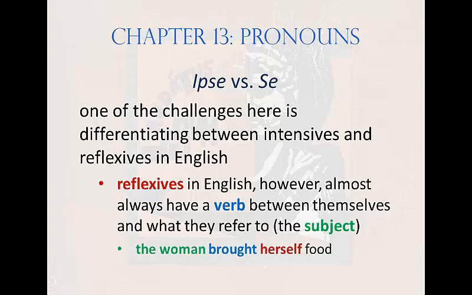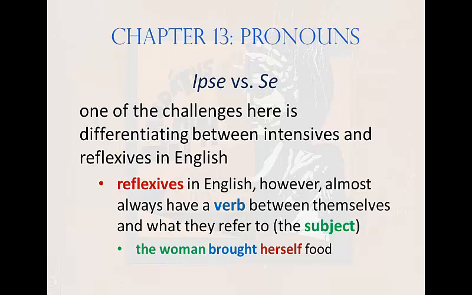In the first sentence, putting the verb brought in between woman and herself changes it from an intensive form, the woman herself, to a reflexive form, the woman brought herself food, meaning she brought it for herself, herself now reflecting the subject. Notice that the meaning of the sentence changed entirely when we shifted the pronoun from intensive to reflexive.